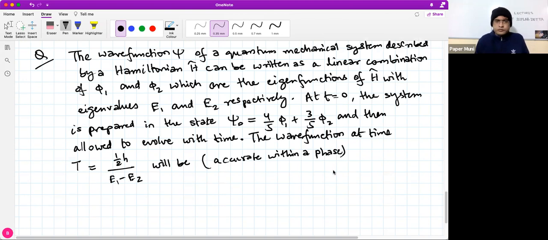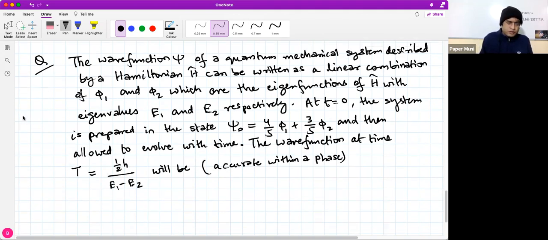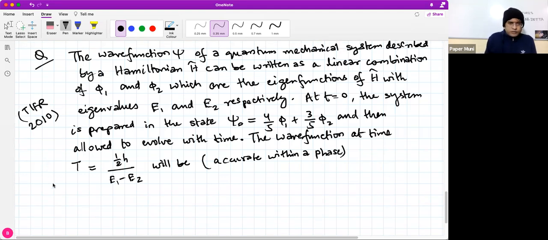This question is from TIFR, 2010. Now let me write down the options. The first option is 4 by 5 phi 1 plus 3 by 5 phi 2. B is phi 1.